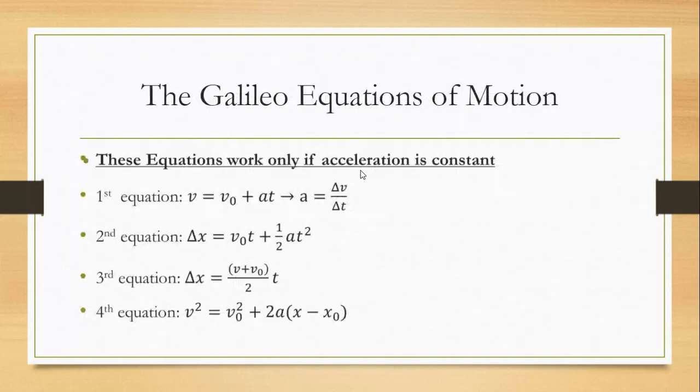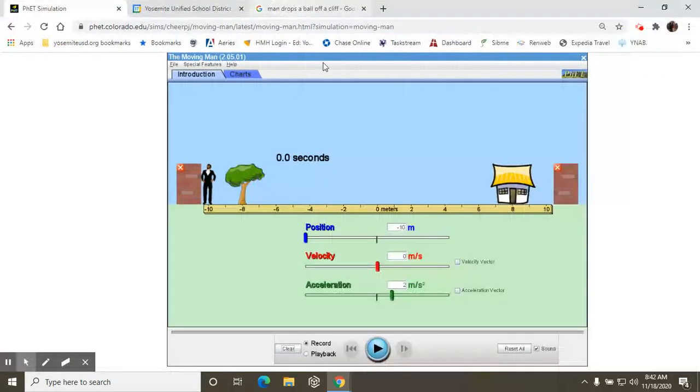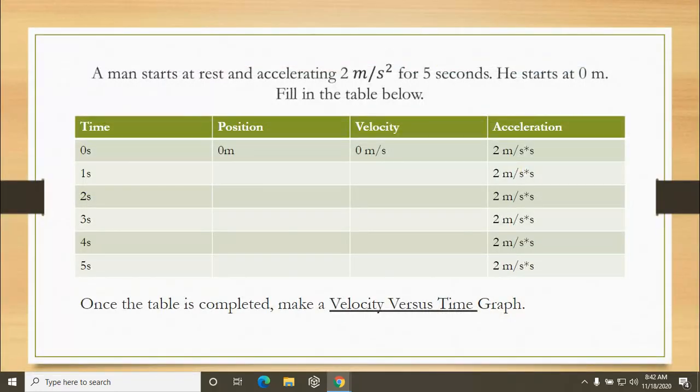Okay. So I'm going to go all the way back up to here, and I'm going to introduce this moving man. Once again, we've been watching this moving man so much, we just got to keep moving forward with it. So the question on here asks, a man starts at rest and accelerates at 2 meters per second squared for 5 seconds.